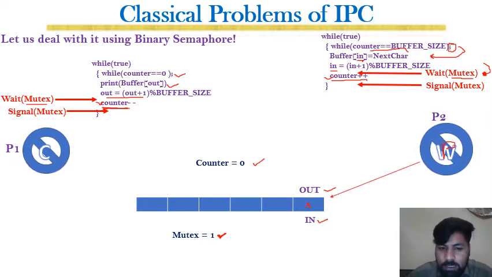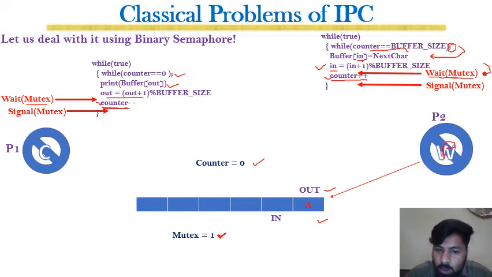So for example, process P2 produces a character A. So the producer produces a character and places it at the in pointer, and now it increments its pointer. The in pointer is being incremented. You can see in this statement that the increment is performed, and now it will have to execute wait on mutex.